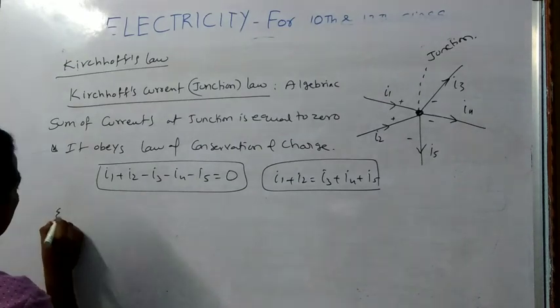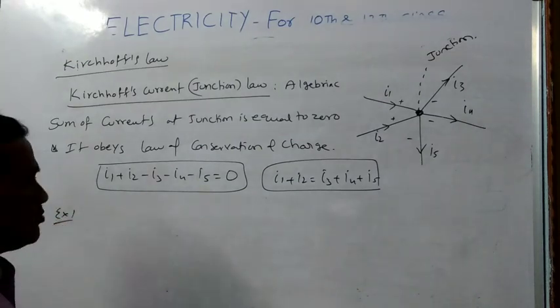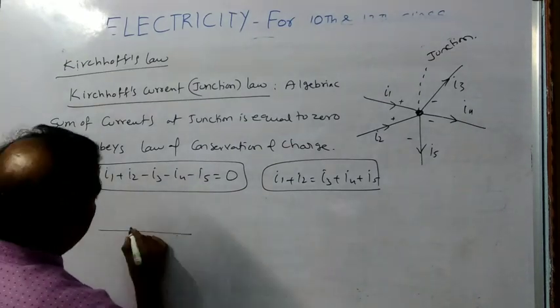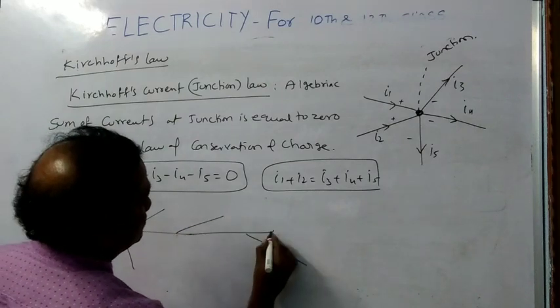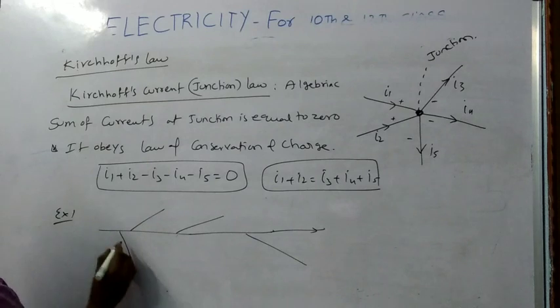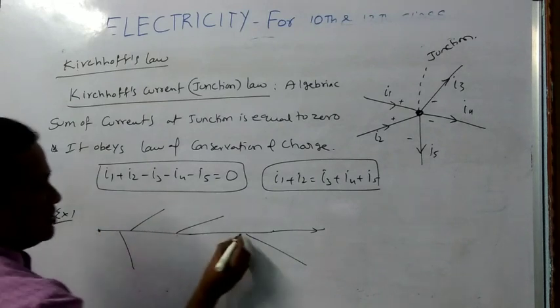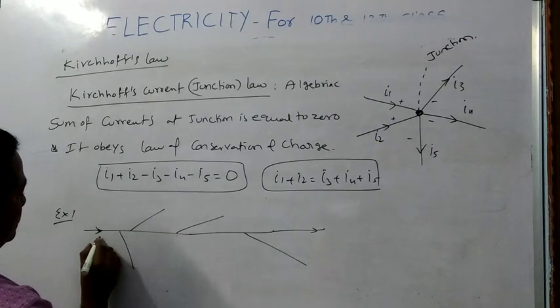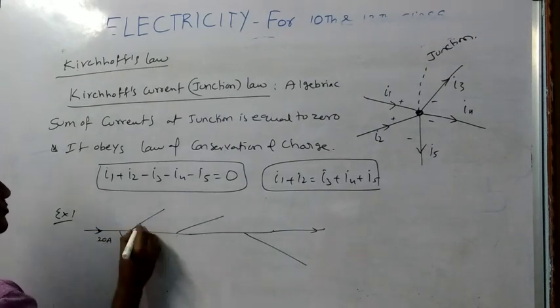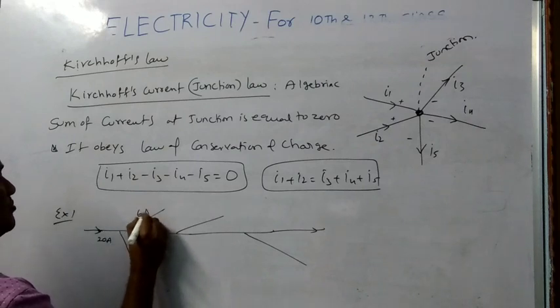So for this we can do an example problem. For example, like this. So these are the junctions. See here, this is 20 amps current. Here is 6 amps.